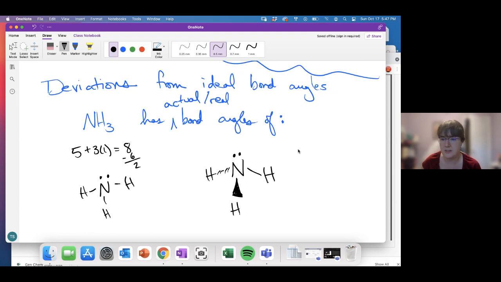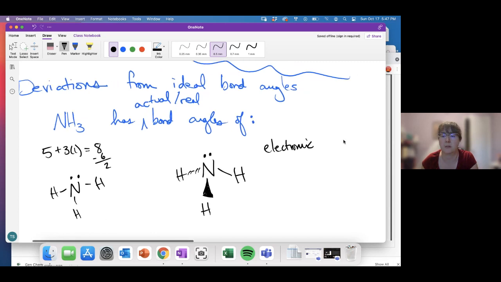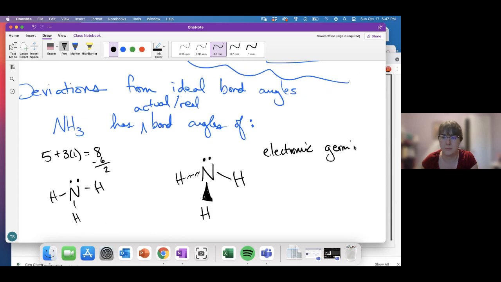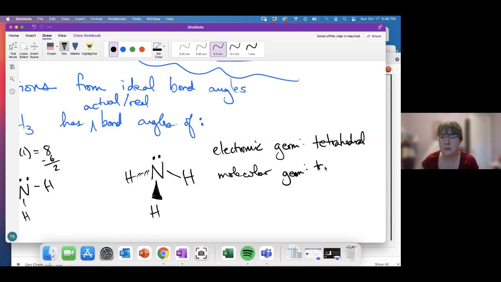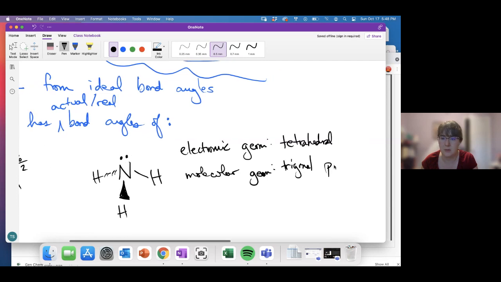I could identify this with an electronic geometry of tetrahedral, where I count 3 bonds and a lone pair. I could also identify a molecular geometry of trigonal pyramid, or sometimes it says trigonal pyramidal.